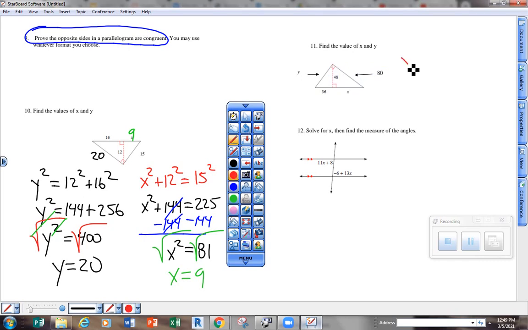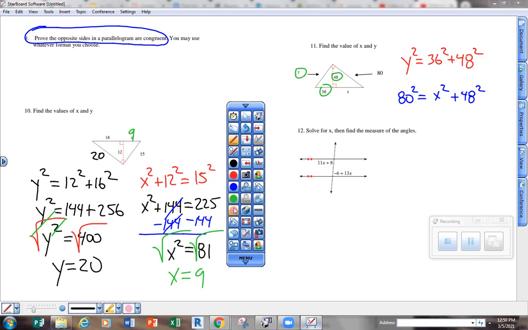For y, since the unknown is the hypotenuse, I write it like this. For the blue one, x, since x is not the hypotenuse, technically I write it like this. So you always keep the two legs together in the Pythagorean theorem equal to the longest side.